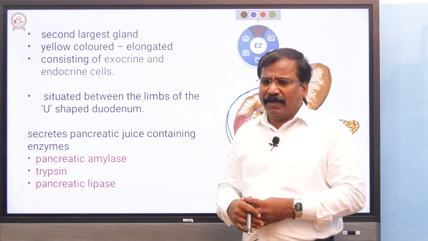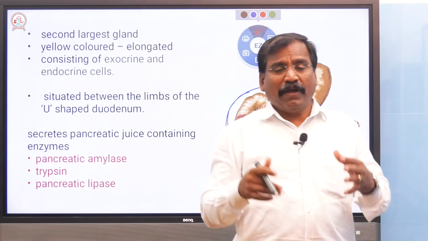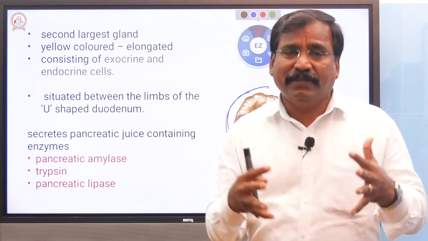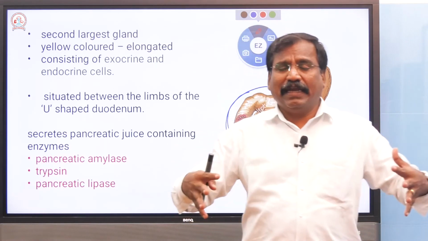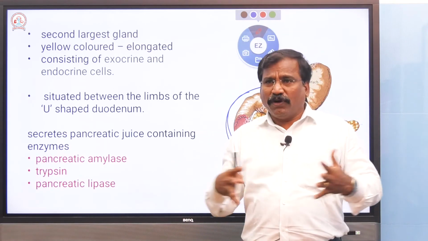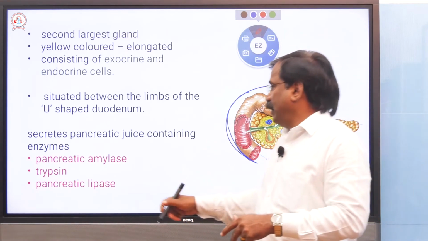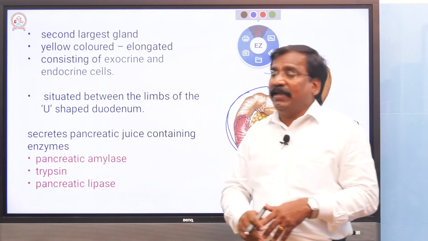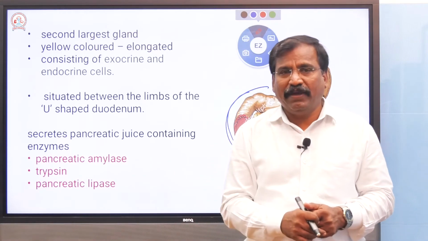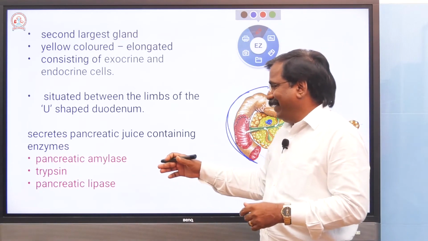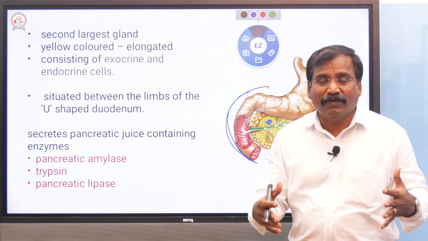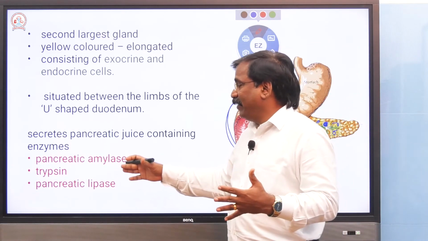So what are the enzymes? The pancreatic juice, the major digestive juice, contains many enzymes. What are the enzymes present in the pancreatic juice? Pancreatic amylase, pancreatic lipase. You have to add the prefix pancreatic. Why?